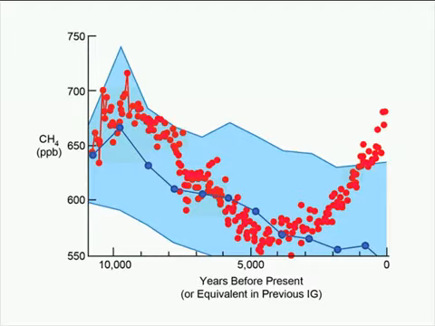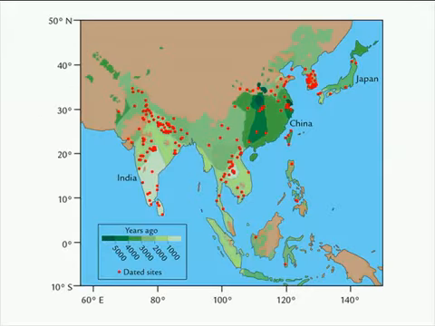And the slide after that shows a map of southern and southeastern Asia, put together by Dorian Fuller, who works at University College London.